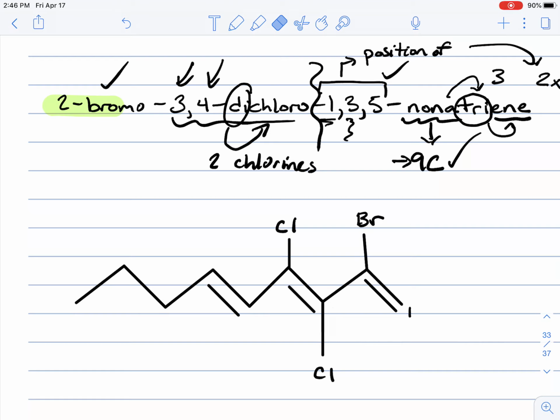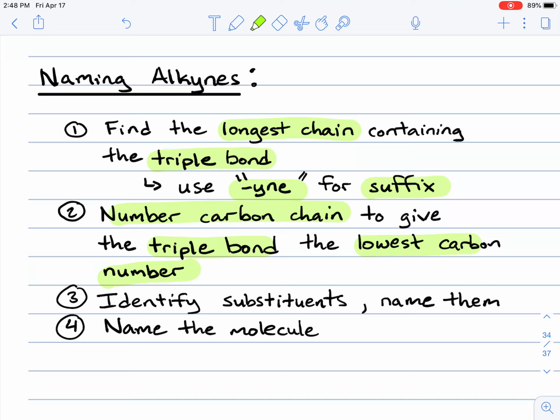When you're dealing with double bonds and triple bonds, you don't need to add the carbon numbers on the parent chain to see which one is the lowest. You're always going to focus on the triple bond or the double bond and make sure those two items get the lowest carbon number on your parent chain. Okay.